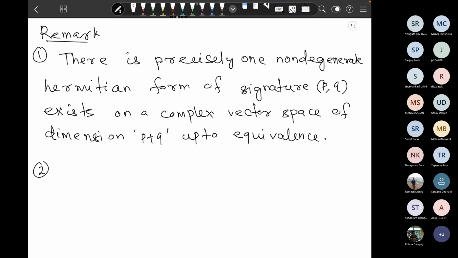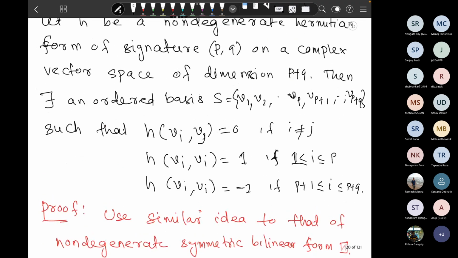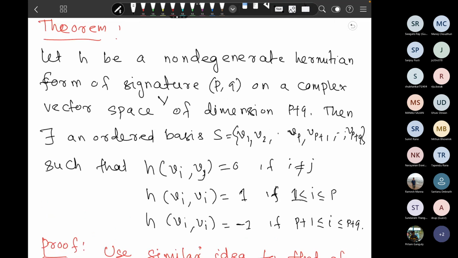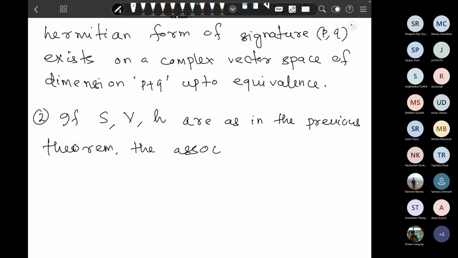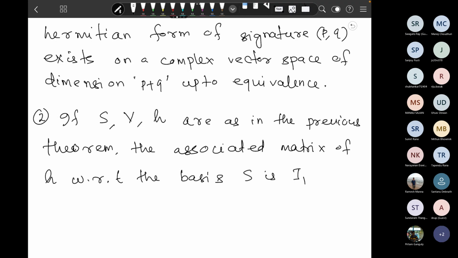So the second remark: if S, V, H are as in the previous theorem, the associated matrix of H with respect to the basis S is I_{P,Q}, and the group of H is U(P,Q).